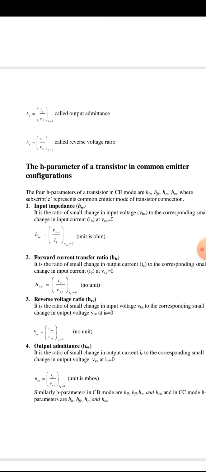In common collector configuration, the notation is HIC, HFC, HRC and HOC. Do you understand? You can easily calculate the four hybrid parameters in common base, common emitter and common collector configurations.